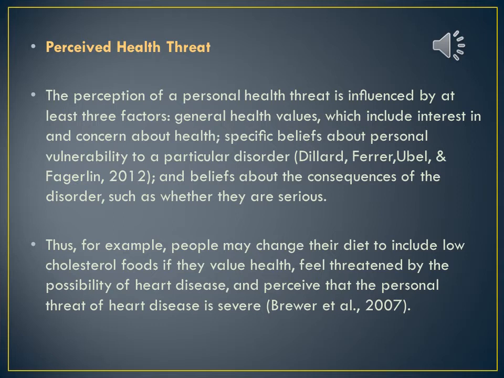This includes interest in and concern about health, or specific beliefs about personal vulnerability to a particular disorder, and they perceive that the personal threat of heart disease is severe. The third area is what the consequences of the disorder will be, such as whether they are serious or not, that is, to perceive that the personal threat of heart disease is severe.